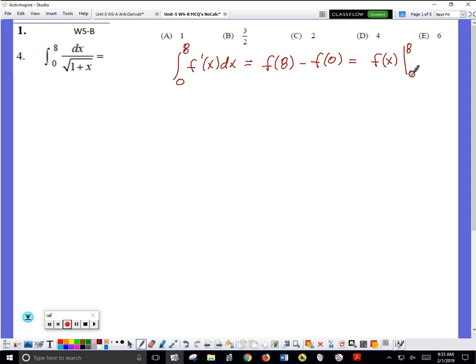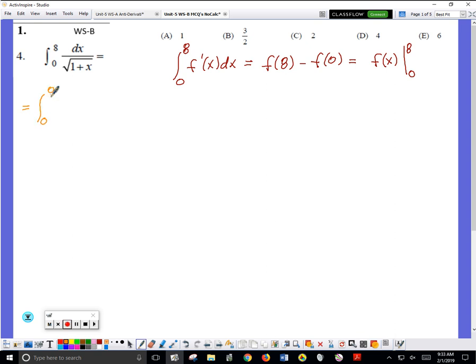So is the f prime dx in place of the dx over square root of 1 plus x? What I'm doing here is the general case, meaning this would apply for any situation. Now I'm going to apply this to this situation. Let's rewrite it like this. Let's go 0 to 8.